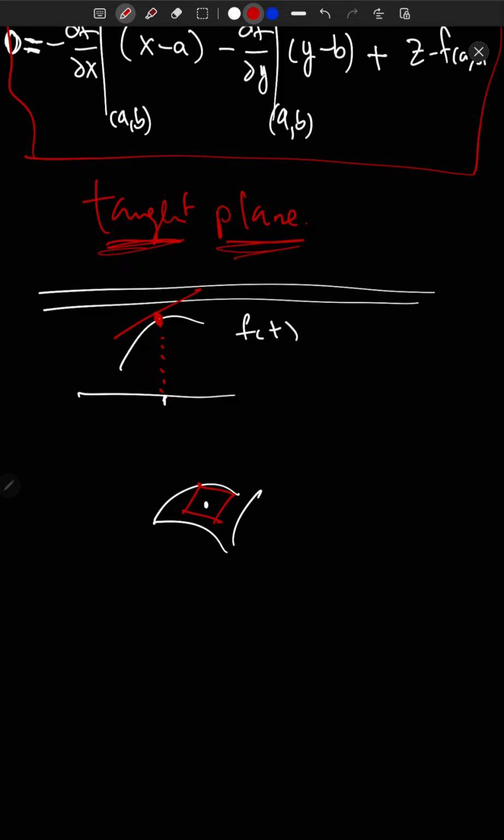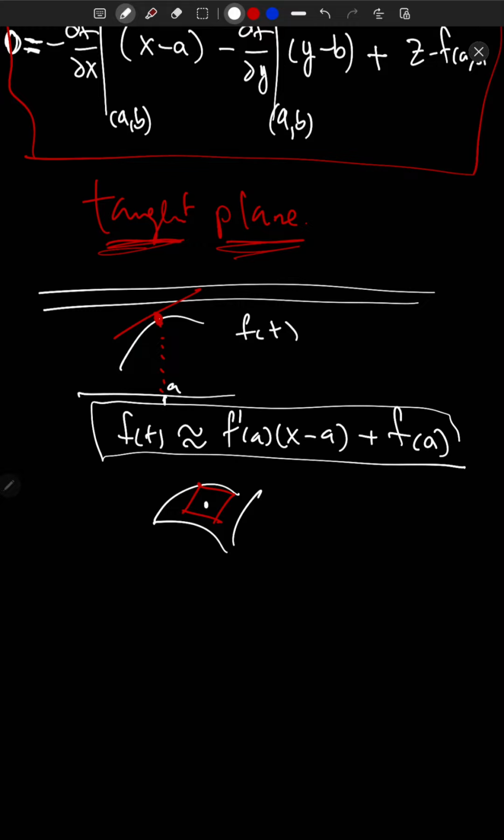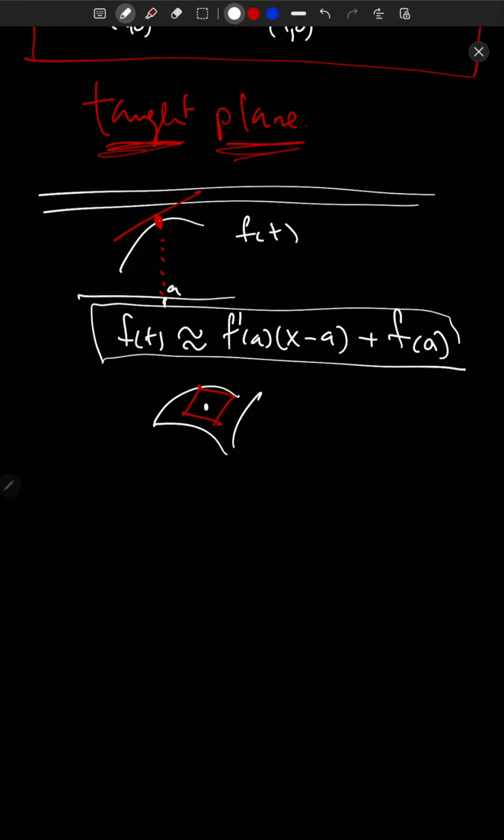In one variable calculus, f(t) near the point a is approximately f prime at a times (x minus a) plus f(a), with all the caveats that you have to be close by.